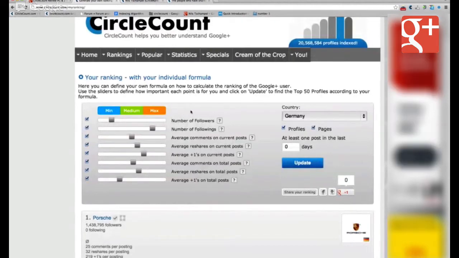When you reduce the number of followers, which is a really common thing to do with the sliders here, you can get to know people on whose posts people interact a lot, but they have a low number of followers, so they are probable to interact with you more than people who have like a hundred thousand followers, for example.